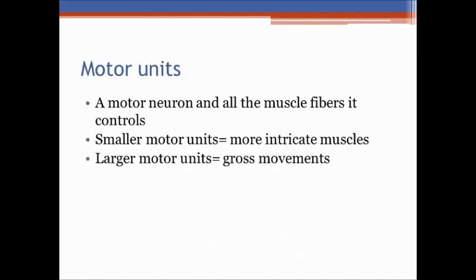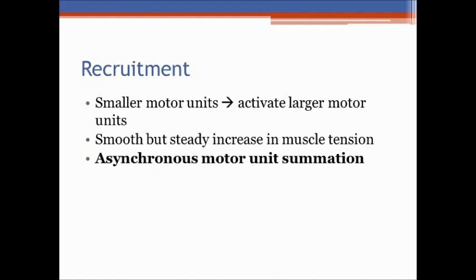Motor units are a motor neuron and all the muscle fibers it controls. Smaller motor units tend to control more intricate movements. Larger motor units control more gross, larger movements.